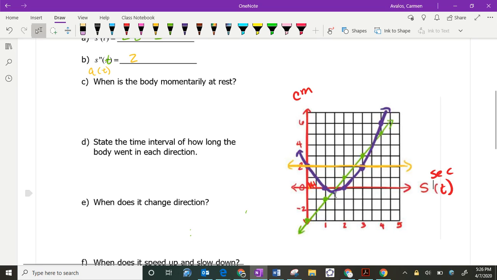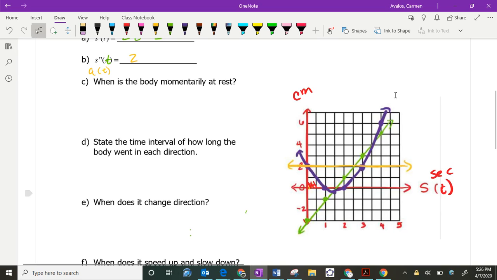Then it stops, changes direction, and gets closer and closer to home again, and then it passes home and keeps going further and further away. So it's coming from the left-hand side, gets there, goes past, and then we change direction, and now we're going right instead.